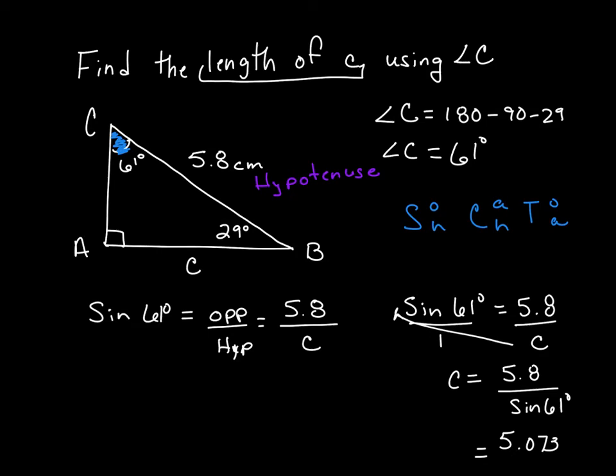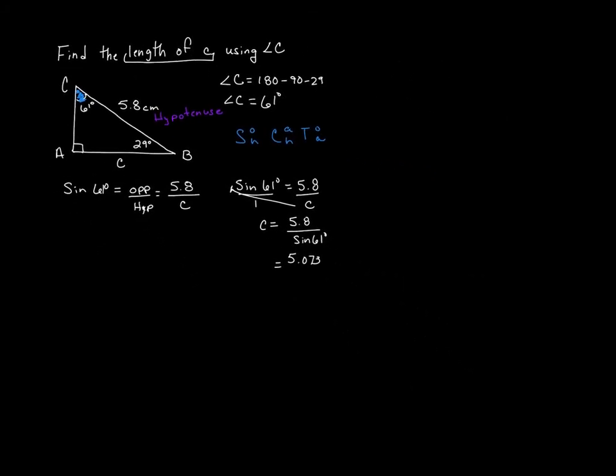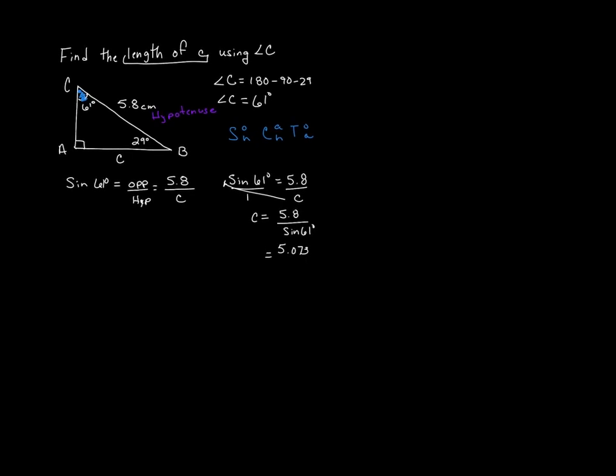Now, if you're asking yourself, could I have done this a different way? Absolutely. I'm going to put this up in the corner so we can reference it later. Let's say instead of the sine, I wanted to use the cosine. The cosine of 61 degrees would equal the adjacent over the hypotenuse.